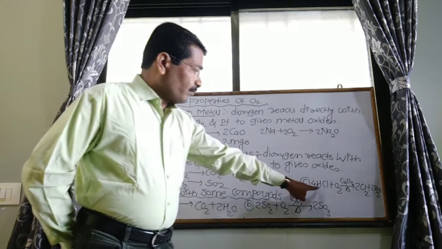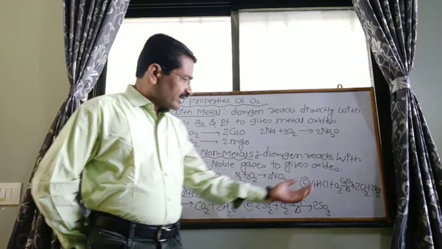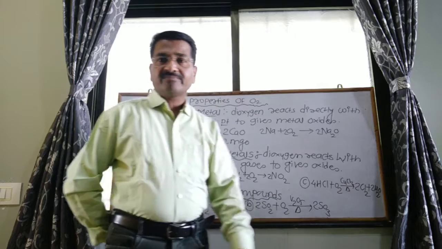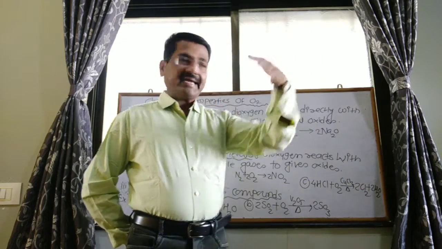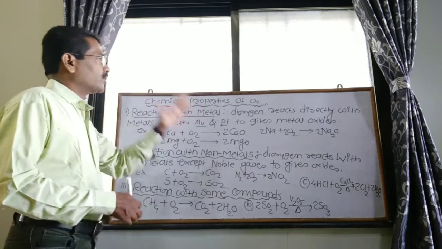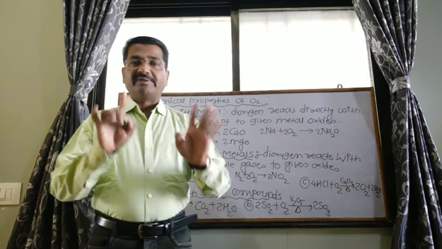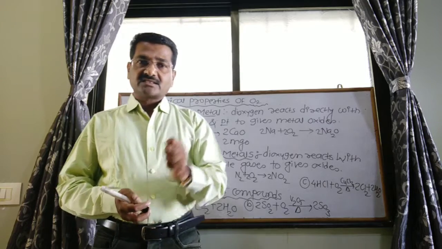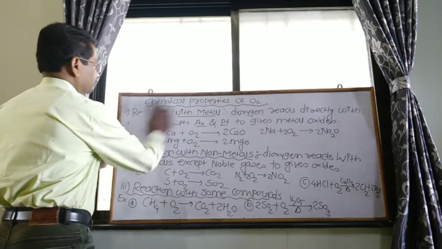Next, 4HCl, that is hydrochloric acid, can burn in oxygen in the presence of cuprous chloride to form chlorine gas with water. So all these are the chemical properties of dioxygen. Here dioxygen is completed. Then see the next part, that is oxides. What about the oxides?